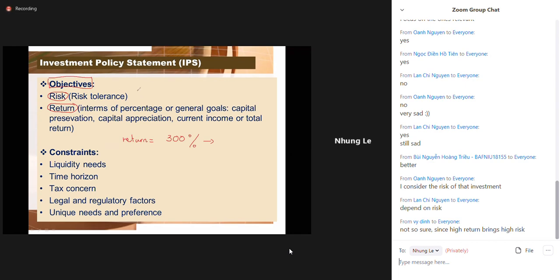And again, for risk, it's not just about whether you like or don't like risk. More and more important, it's about the tolerance, the ability to take risk. Like we can move to see here. We focus on the ability to take risk.